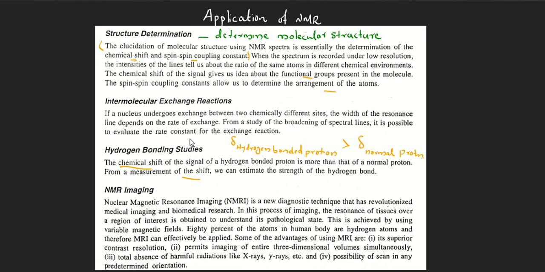What is the principle of MRI? Why is the human body MRI active? It is because 80% of the atoms in the human body are hydrogen atoms, and therefore MRI can be effectively applied.